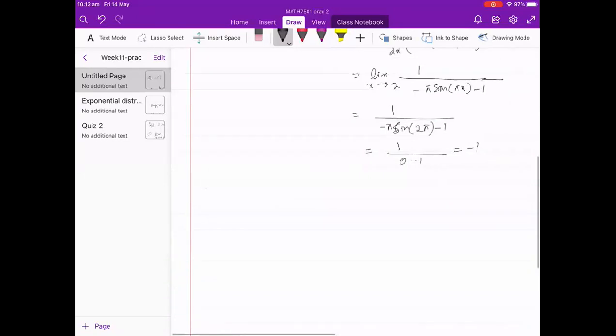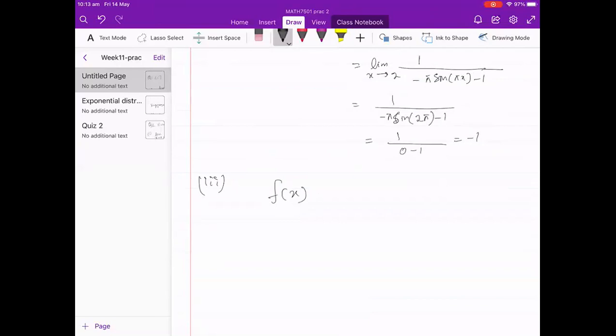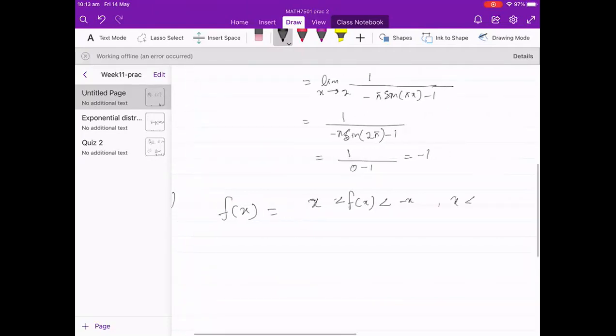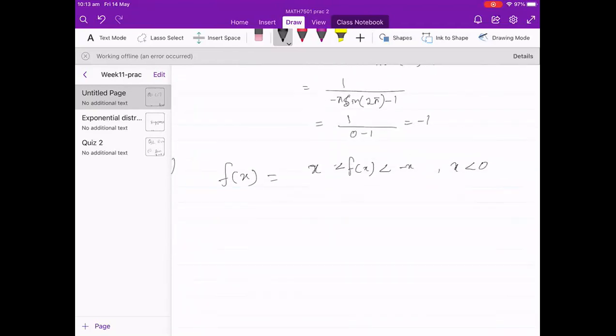Third part. Find the limit as x tends to 0 of f(x), where f(x) is defined as: f(x) is between x and minus x if x is negative, and f(x) is between minus x to the power 10 and x to the power 5 if x is positive.